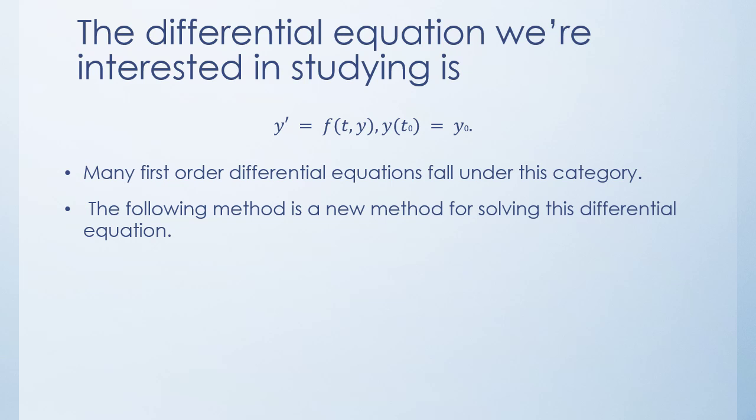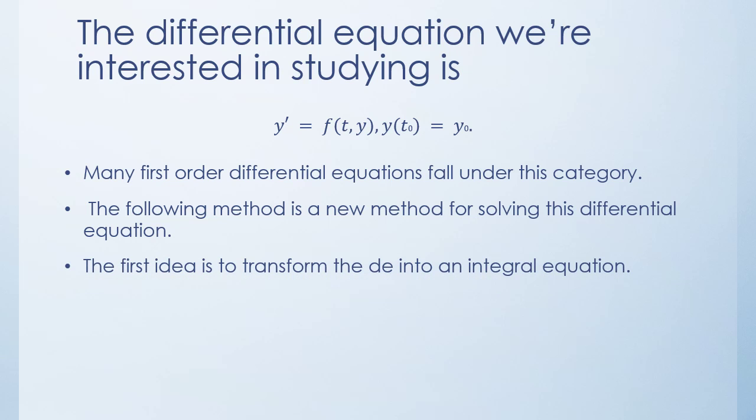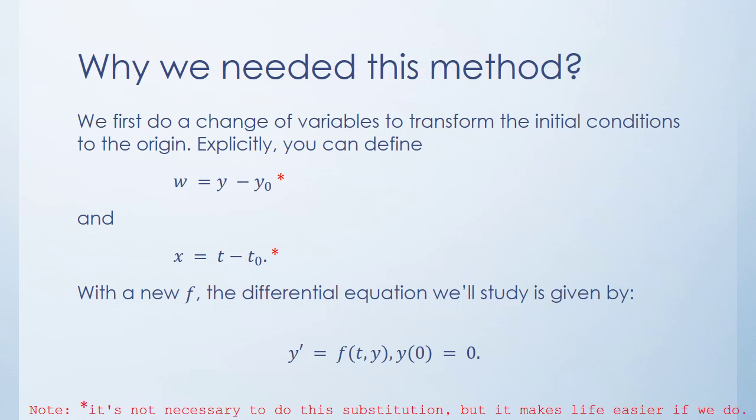The following method is a new method for solving differential equations, which is Picard's method. The first idea is to transform the differential equation into an integral equation. Then apply a new method to integral equation.